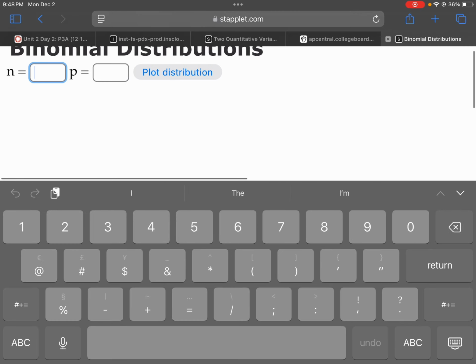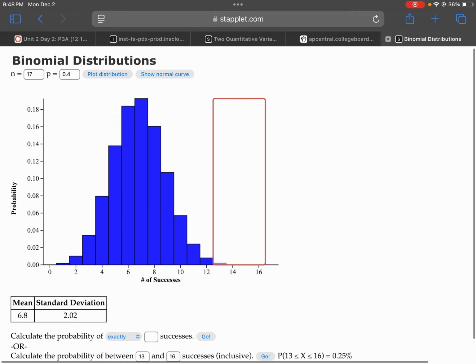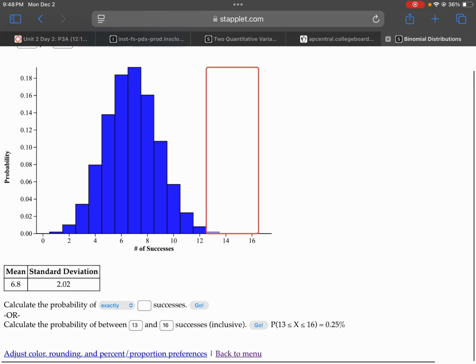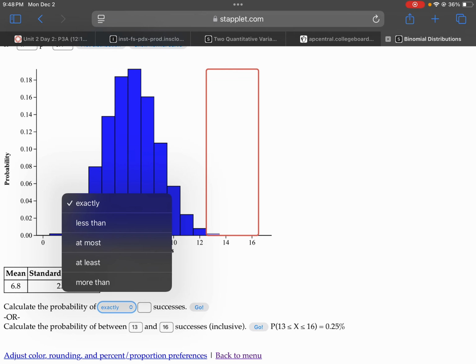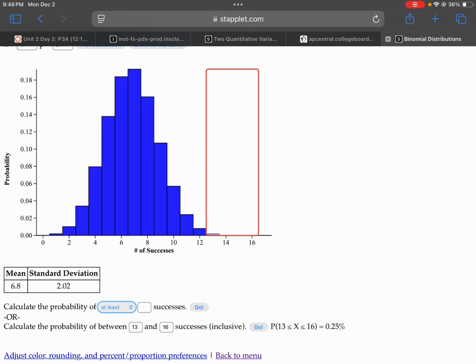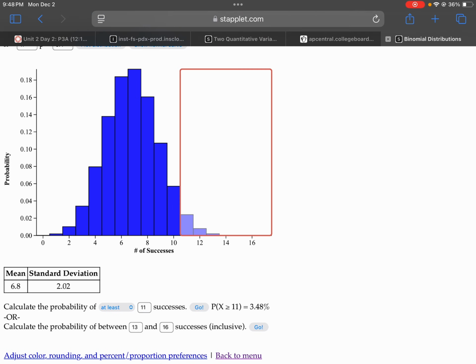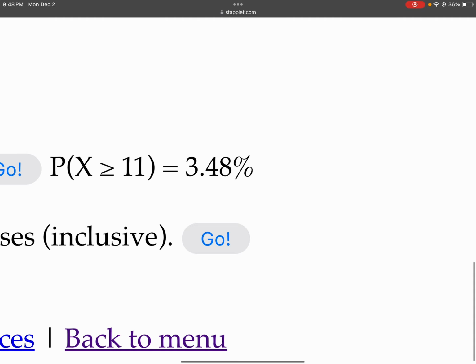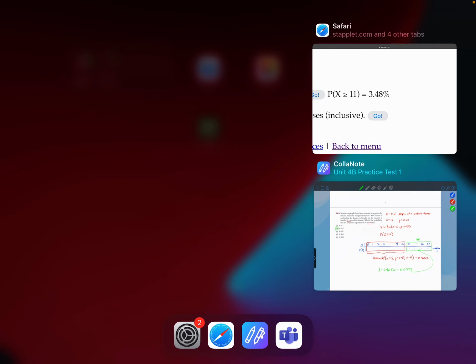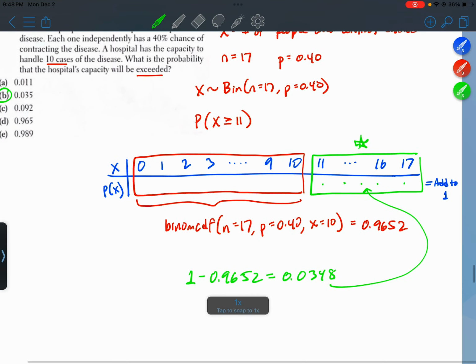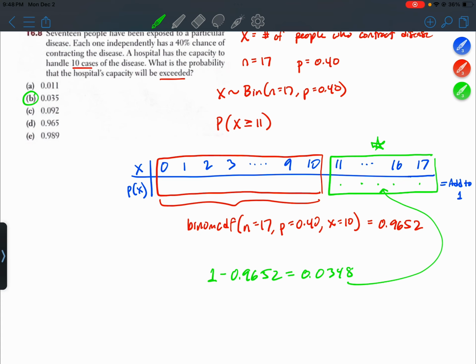So we just have to type in 17 and 0.4, plot the distribution, okay, and then we could calculate the probability of at least 11 successes, right? And that would be 11 or more people contracting the disease. And it says here the probability is 3.48%, which matches the math that we did here using binom CDF on our calculator.